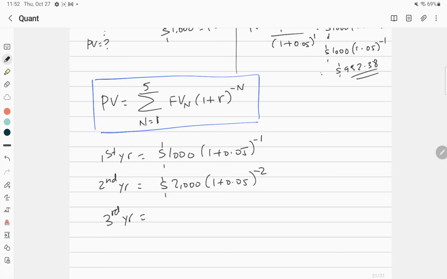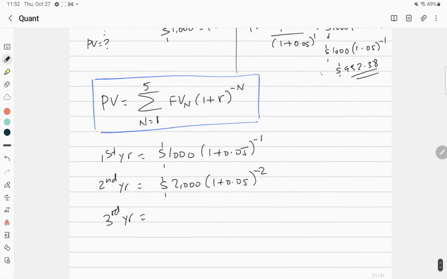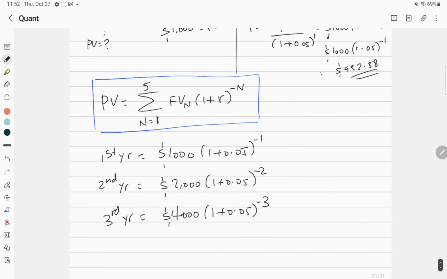Third year, we have $4,000, which is 3 years, so 4,000 times 1 plus 0.05 raised to minus 3. This minus 3 comes from the formula, minus n, minus 3 years.